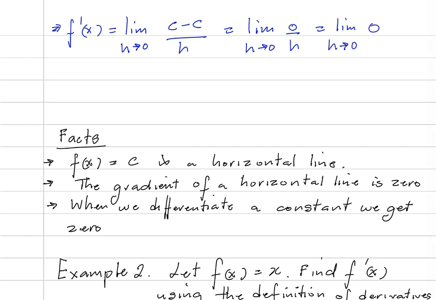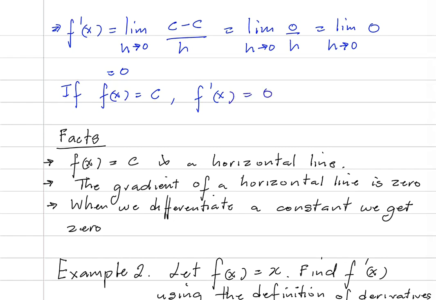And the limit as h approaches 0 of 0 is equal to 0. So if f of x is equal to c, f prime of x, the first derivative, would be equal to 0.